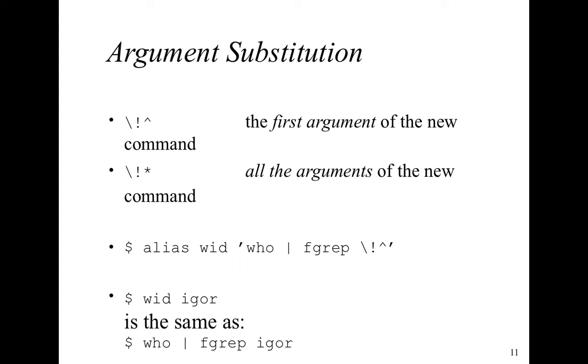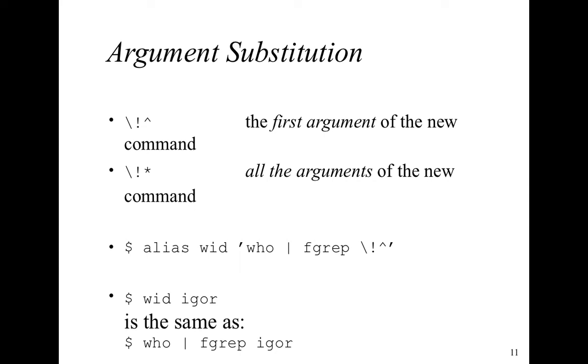So here's an alias called WID, and we're going to go who, and then we're going to fgrep something, where you're going to have to type something in. So when you run it, you can say wid Igor. So it takes a command line prompt, kind of like what we did with echo.